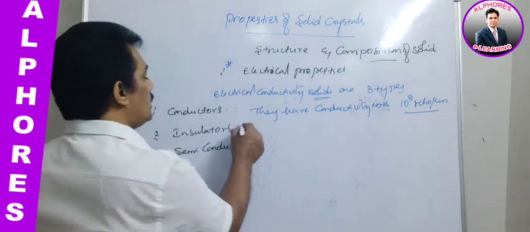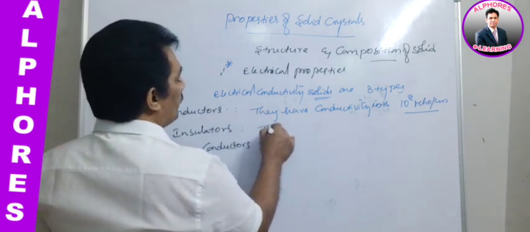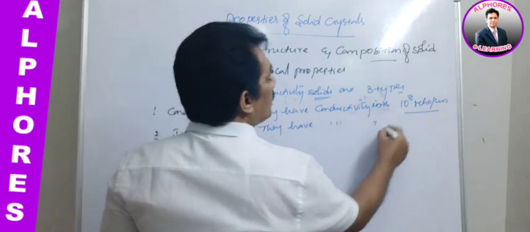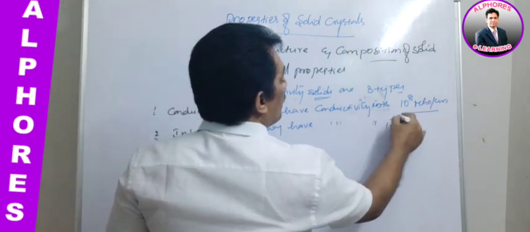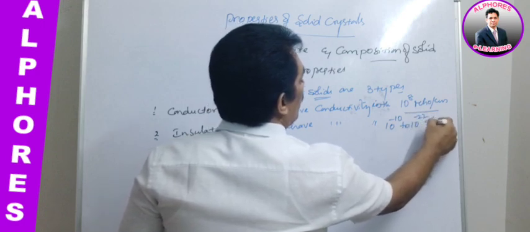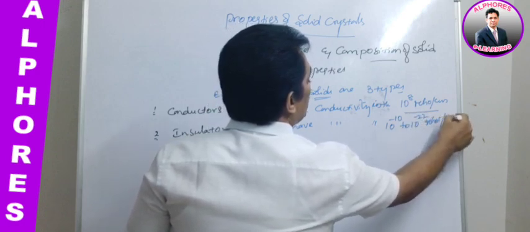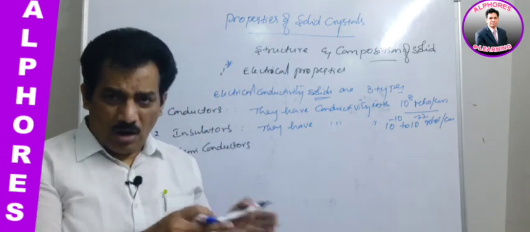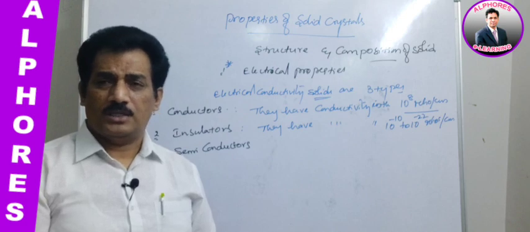Clear? And insulators have conductivity ranging from 10 to the power of minus 10 to 10 to the power of minus 22 mho per centimeter. Their range is almost negligible. They do not have conducting capacity.